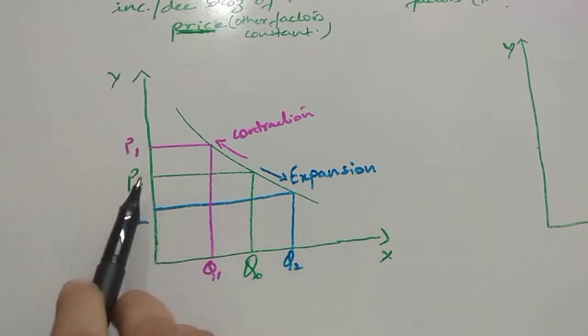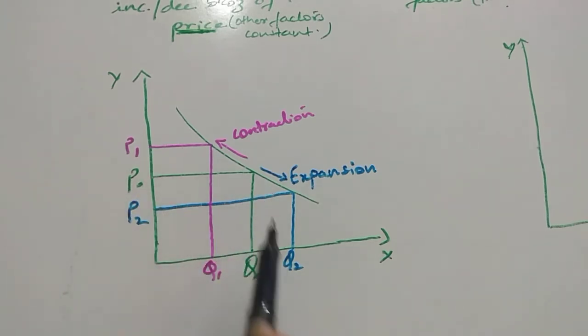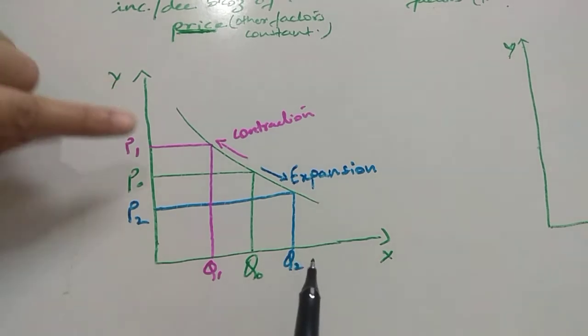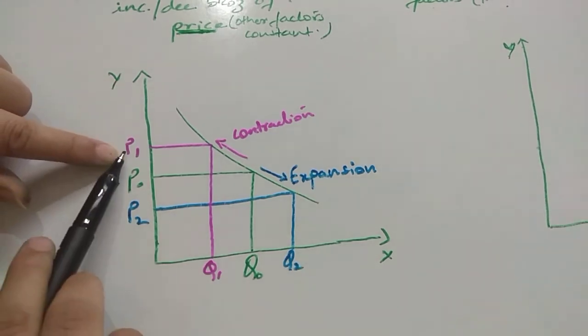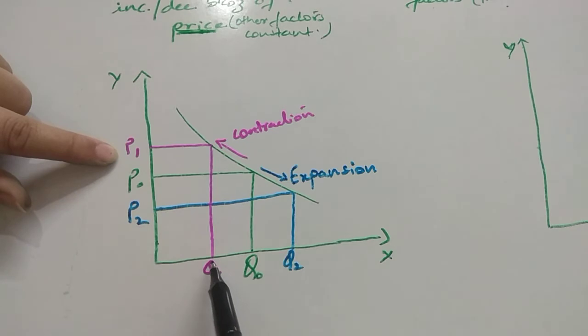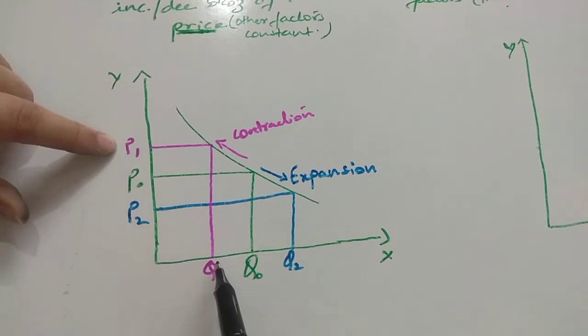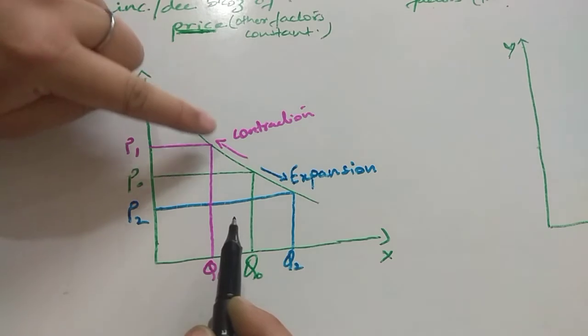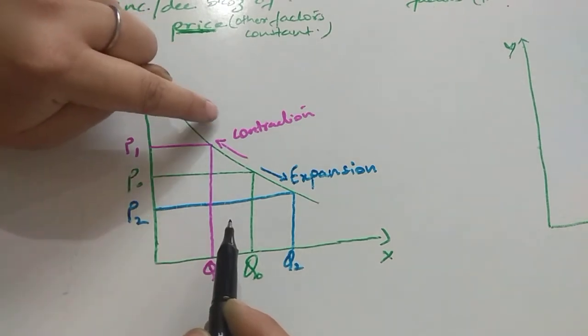Initially the price was P and the units purchased were Q0. Now if the price rises to P1, the units purchased fall to Q1. That means because of the increase in price, the units bought have reduced. So this is called contraction of demand.